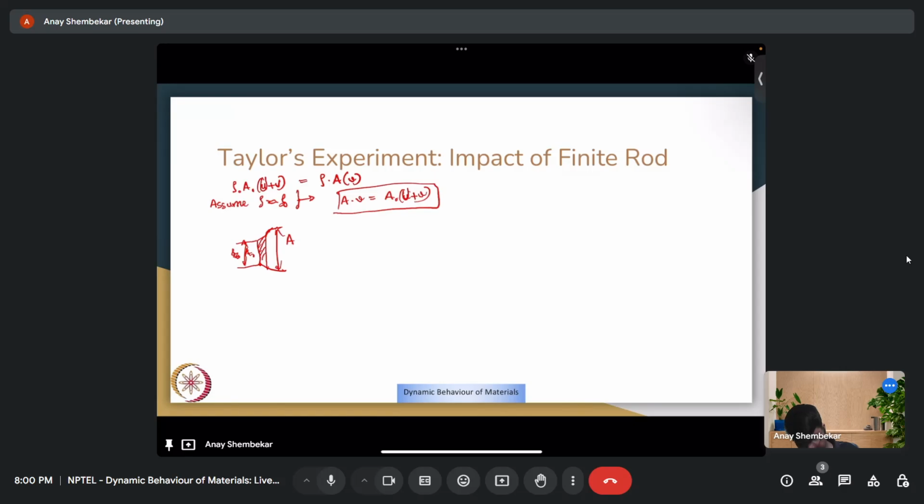This is my small thin section with length dl. We can write dl as the amount of material undergoing plastic deformation in time dt.